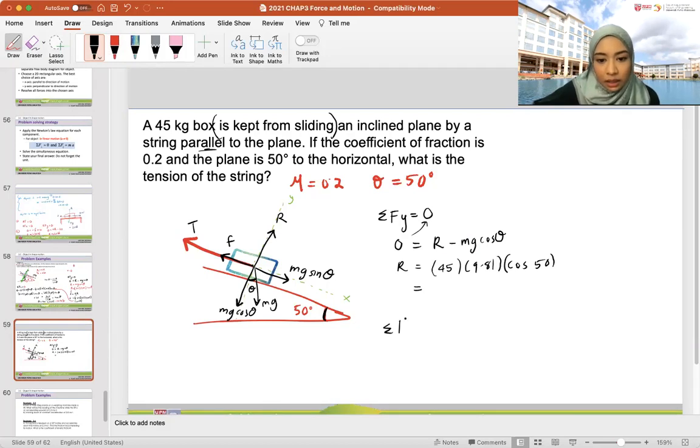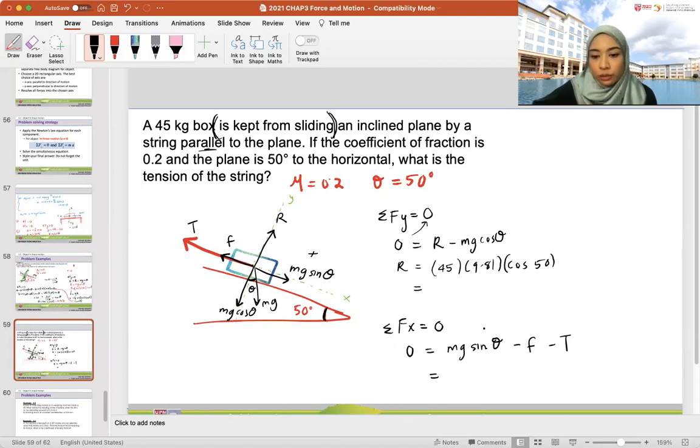And then net Fx is also equal to 0 sebab kita nak dia stay at rest. It's kept from sliding. Acceleration equals 0. Therefore, F net is also equal to 0. So what is in your x-axis? Your positive is mg sine theta, negative F, negative T equals 0.